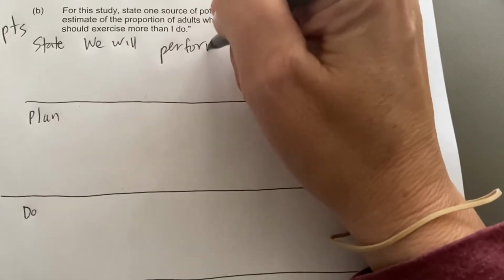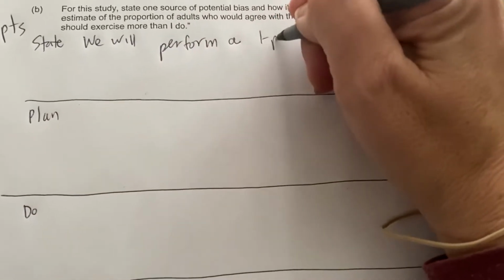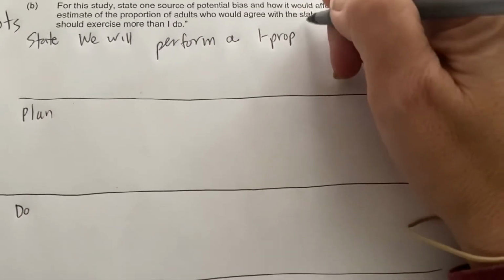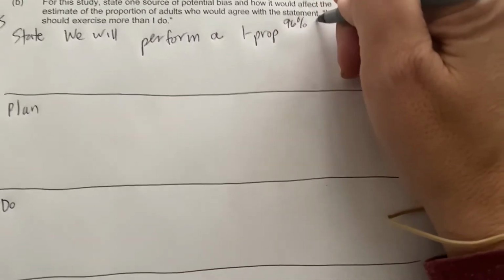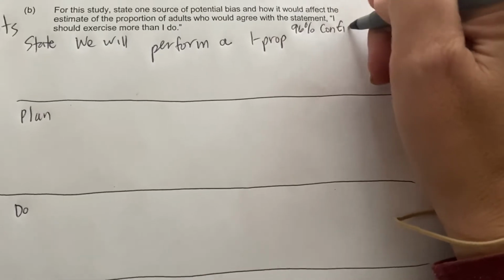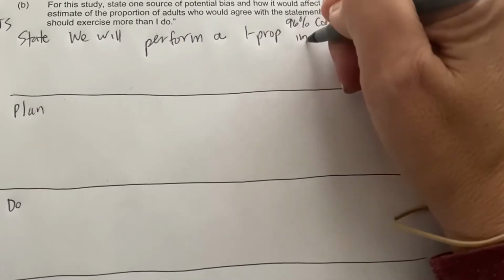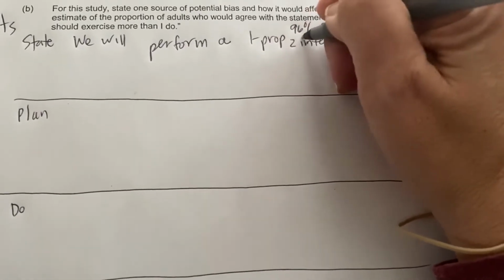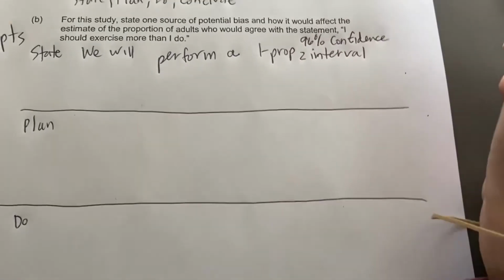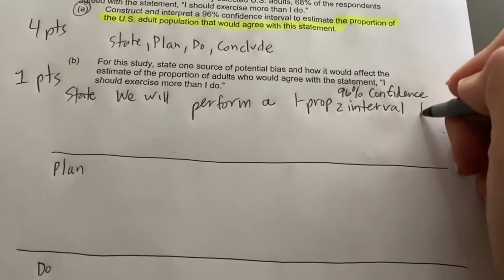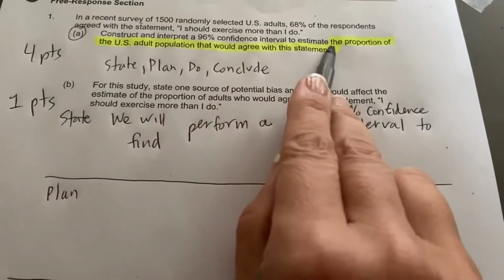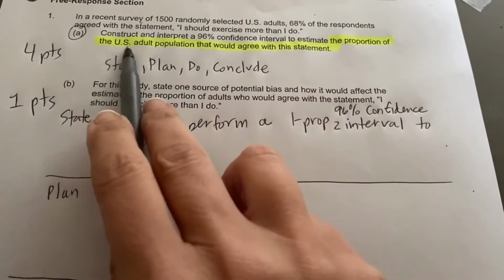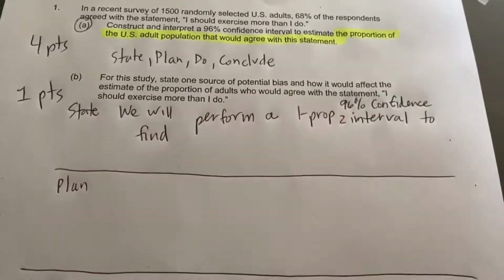We will perform a 1 proportion, so what is it? 96% confidence interval, Z interval, to find, what is it we're finding? The proportion of US adult population that would agree with this statement.